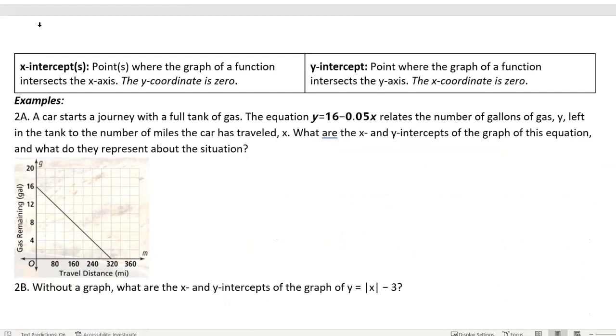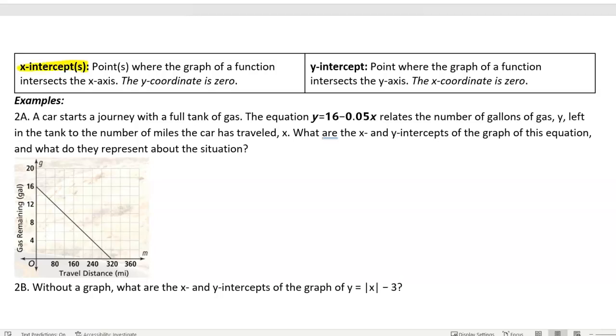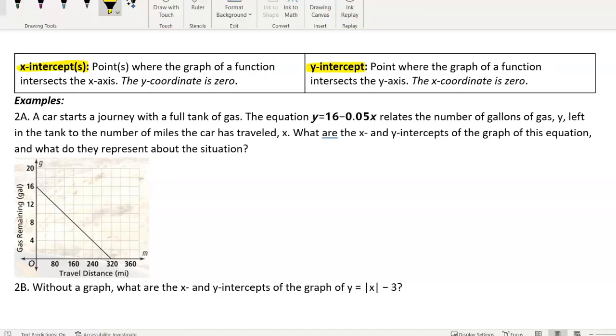All right, so we talked about domain and range. Another couple of vocabulary words that you want to make sure that you're familiar with are x-intercepts and y-intercepts. These are terms you've probably heard in the past, so hopefully you remember that the x-intercept represents where the graph of a function intersects the x-axis.